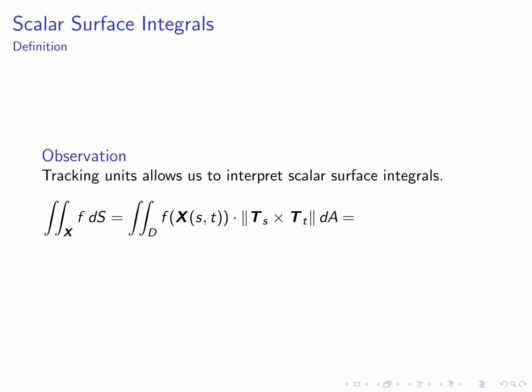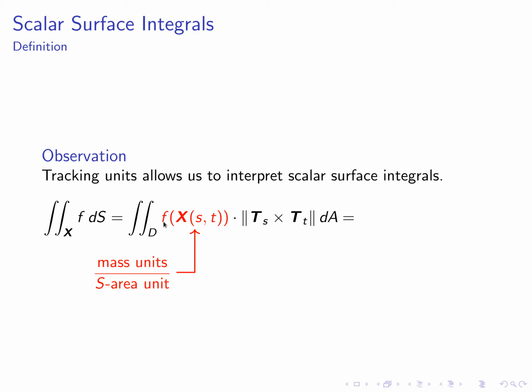Now, if we track the units in this definition, we get an interpretation of our definition of scalar surface integrals. Remember, the standard normal vector is defined as the cross product of the 2 tangent vectors. So let's look at the units here.